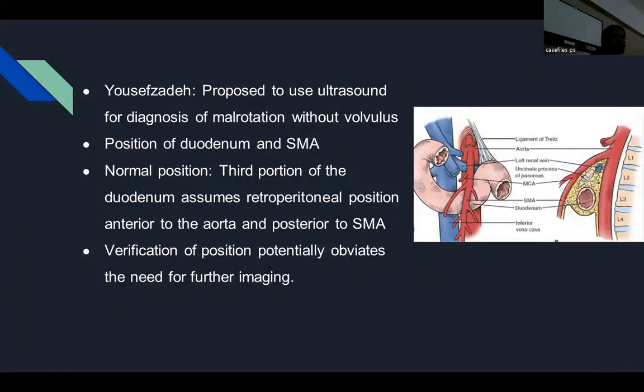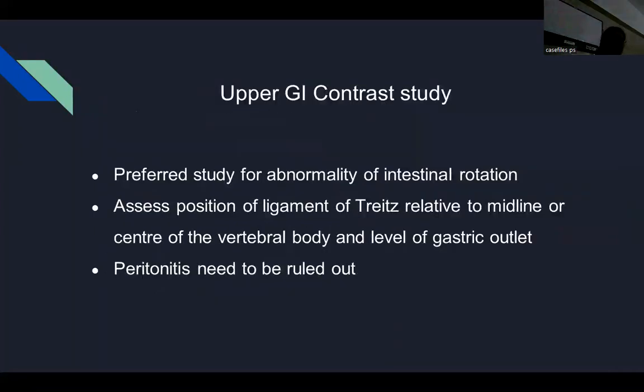So the normal position includes the third part of the duodenum lying in the retroperitoneal position, and anterior to that will be the SMA, and posterior to that will be the aorta, as we can appreciate in this. The third part of the duodenum is here, and behind that will be the aorta, and anterior to that will be the SMA. So verification of this position obviates the need for further imaging.